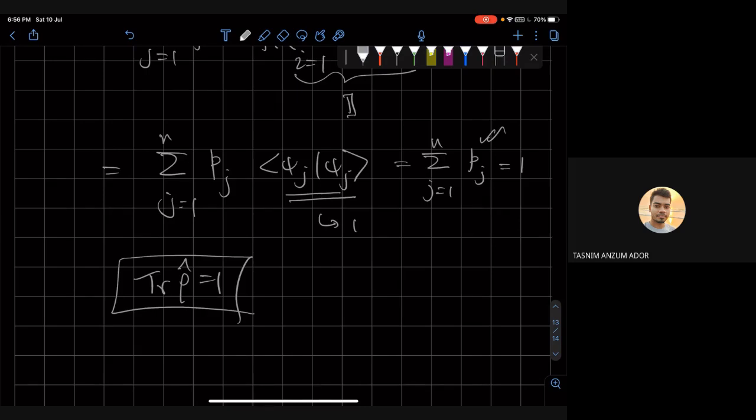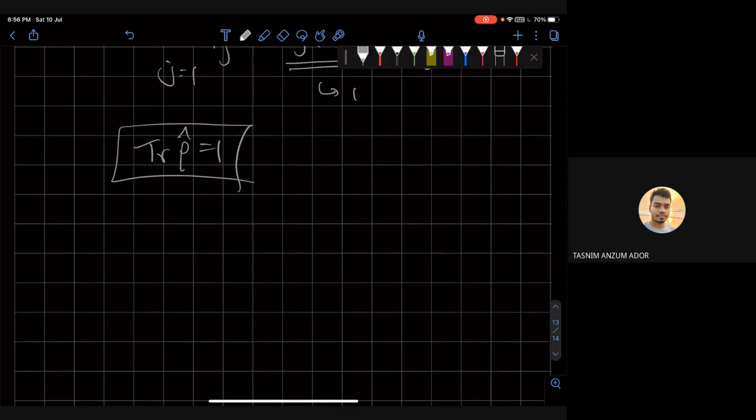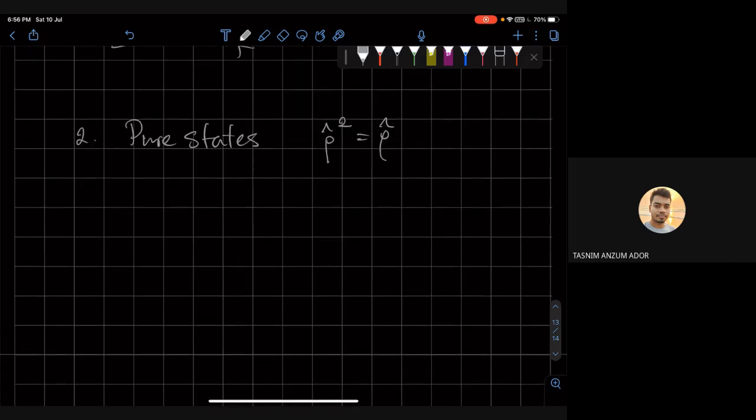Okay? So I want you to go over this proof again by yourself. So for pure states, that was property number 1. For pure states, rho hat squared is equal to rho hat. And that's very easy to prove. And remember, rho hat for a pure state is just this guy.